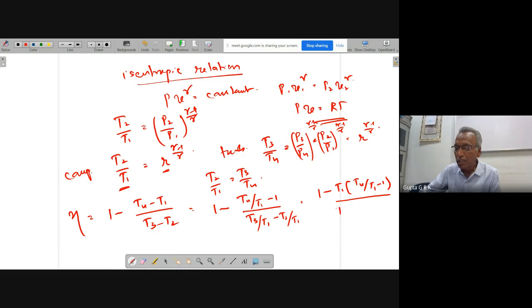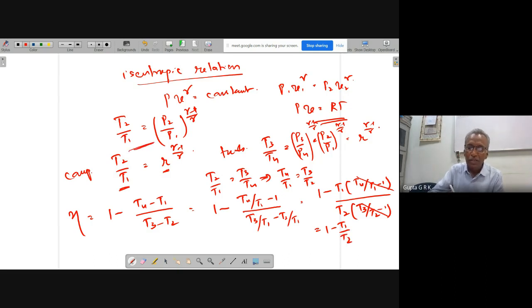In the denominator, T2 I take common, so T3 by T2 minus 1, like this. Here, T4 by T1 is equal to T3 by T2, so T4 by T1 minus 1 and T3 by T2 minus 1 will get cancelled. So I will get 1 minus T1 by T2.